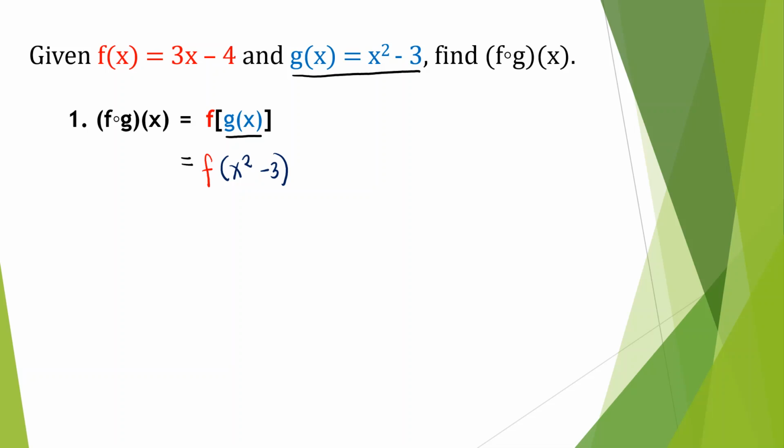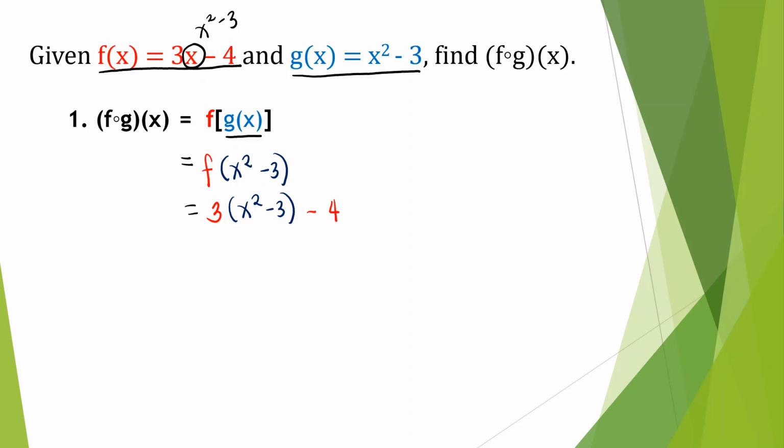Next, we will replace f of x with 3x minus 4, where x is equal to x squared minus 3. So this will become equal to 3 multiplied by x squared minus 3, minus 4.